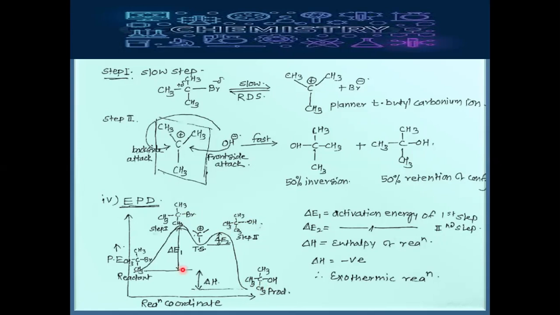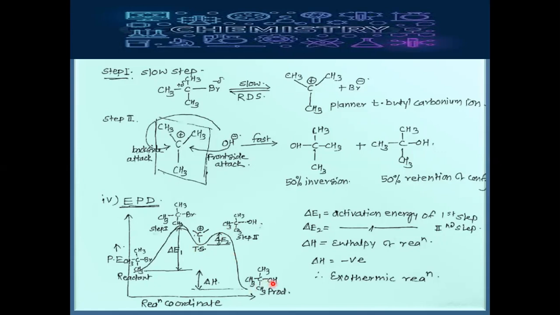Okay, so in this way, C-Br bond dissociation takes place with maximum energy content. Here, detachment of the C-Br bond takes place and tertiary butyl carbonium ion formation occurs. Again here, the approach of the nucleophile and C-OH bond formation is going on, and here the C-OH bond is formed.